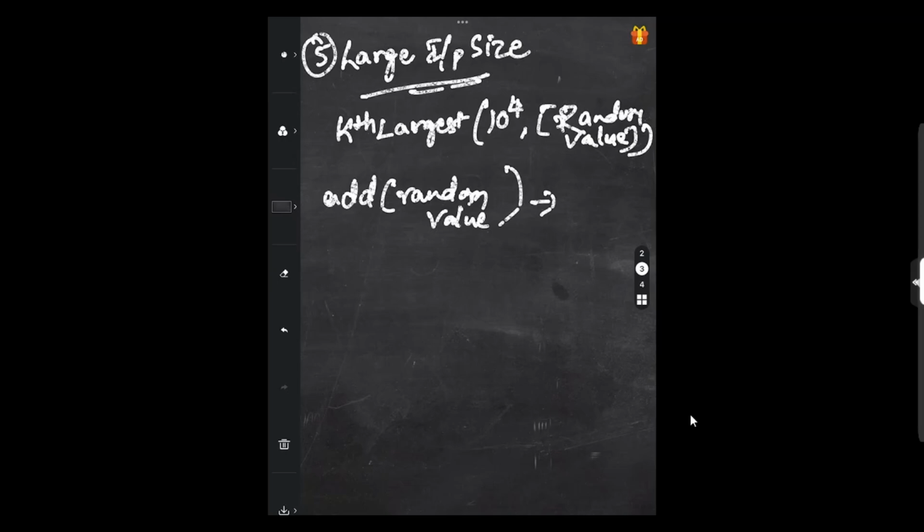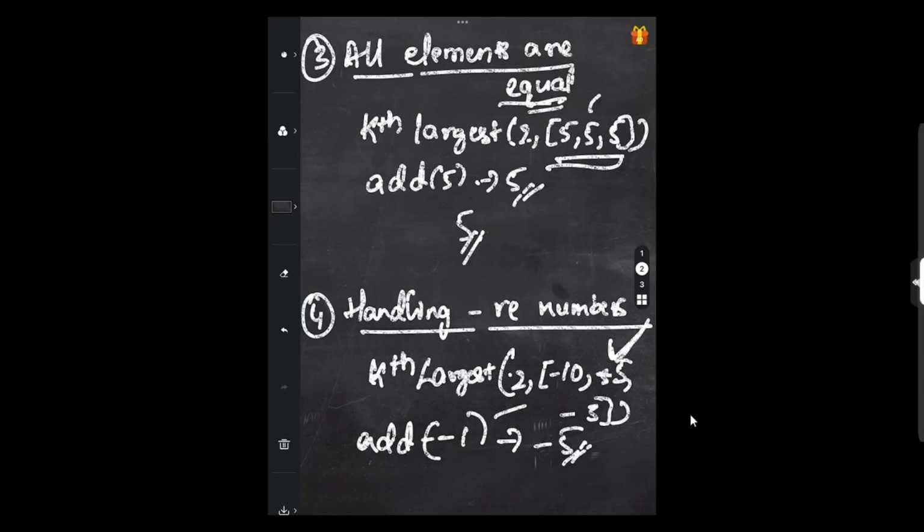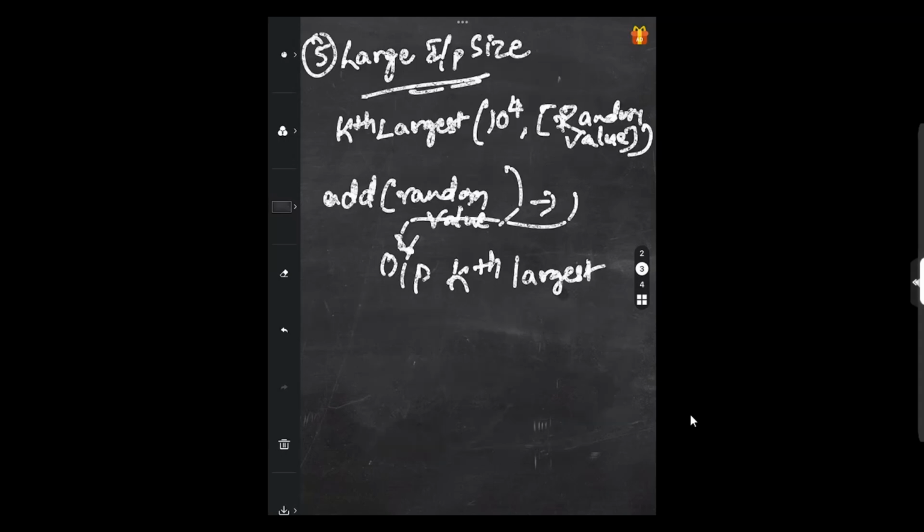In this case, the output has to be the kth largest. Previously, we considered kth largest, this one of -5, right? So here the output will be the kth largest because we are considering the large input size of a random value.